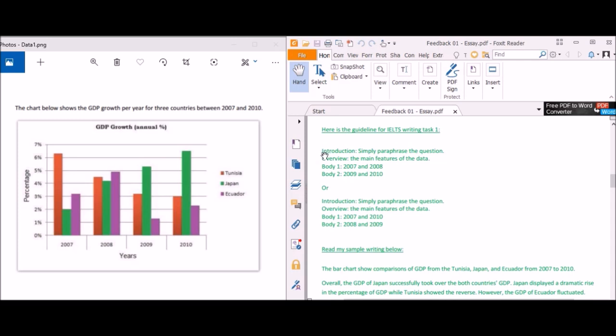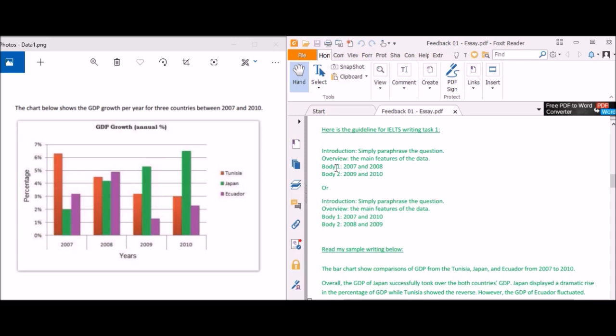First, we need to make an introduction here, and the content is simply to paraphrase the question. Where is the question? Here. You need to paraphrase this. And then the second paragraph, you need to give an overview of the main feature of the data, the interesting one.